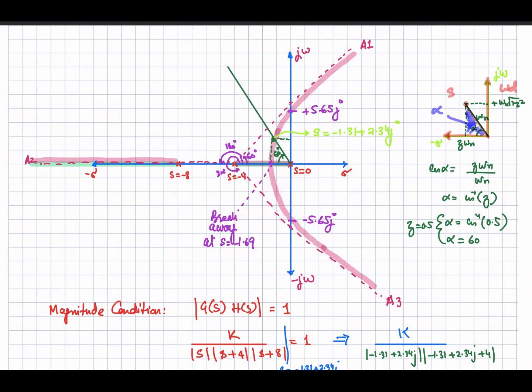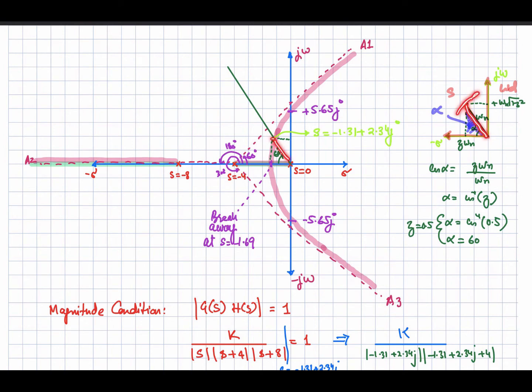So if we want to adjust the poles of the closed loop system such that zeta is 0.5, we can calculate the angle, draw a line, and it will intersect at this point. If our pole is at that position, we will get a damping factor of 0.5 in the response of this closed loop system.